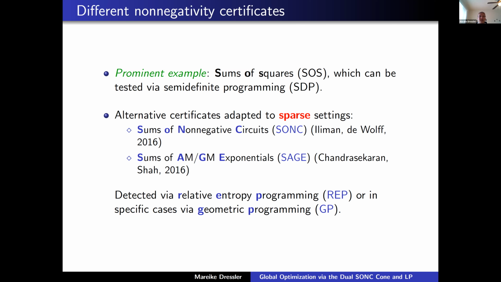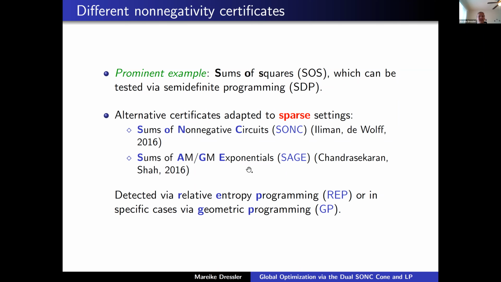These were originally invented for polynomials by Iliman and de Wolff in 2016. And then a bit later by Chandrasekaran and Shah under the name Sums of AM/GM Exponentials, so SAGE. And to take really this Zignomial perspective originated by Chandrasekaran and Shah.